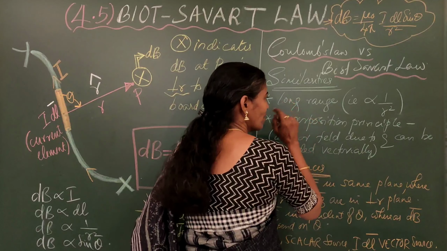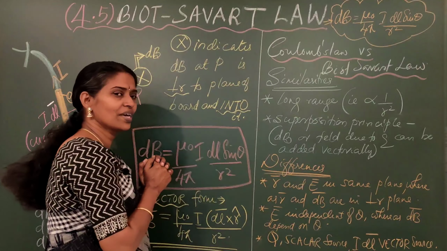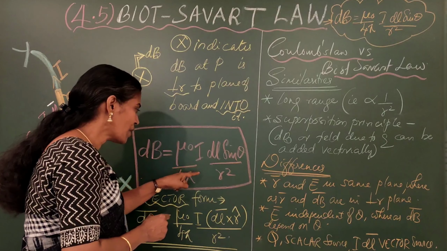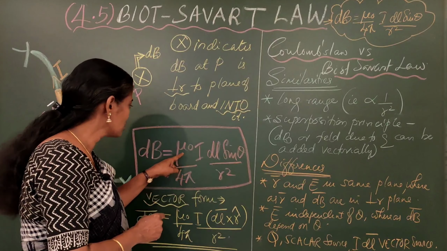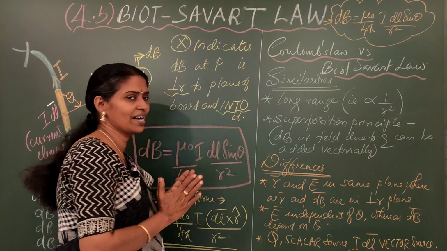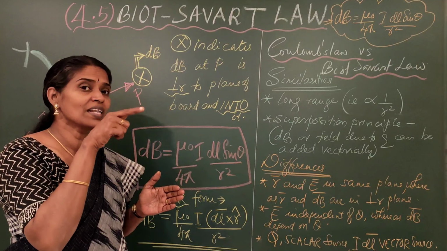Number 1, long range. Just imagine Coulomb's law here. Instead of mu 0 by 4 pi, you have 1 by 4 pi epsilon 0, and instead of I dl sin theta by r square, what about the electric field there?